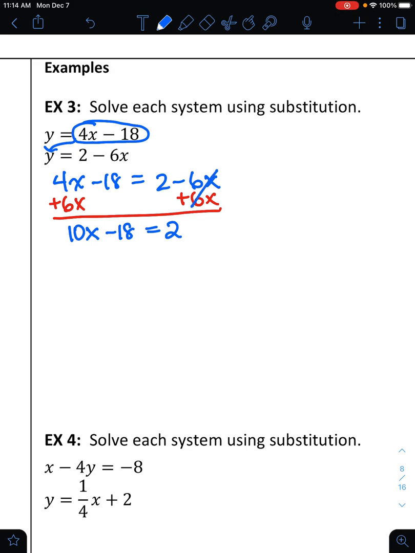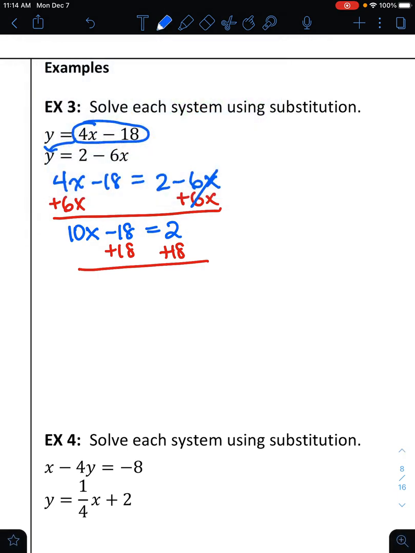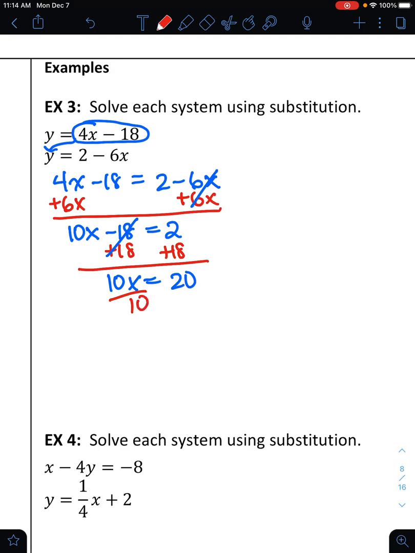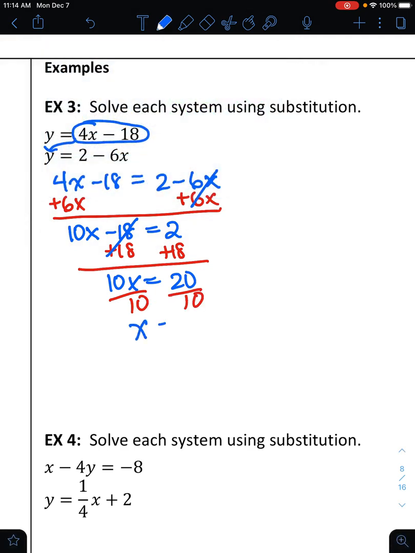Now I'm going to take care of the negative 18, so I'm going to add 18 to both sides. Negative 18 plus 18 is 0. So 10x equals 20. Now divide off the 10, so I get x equals 2.